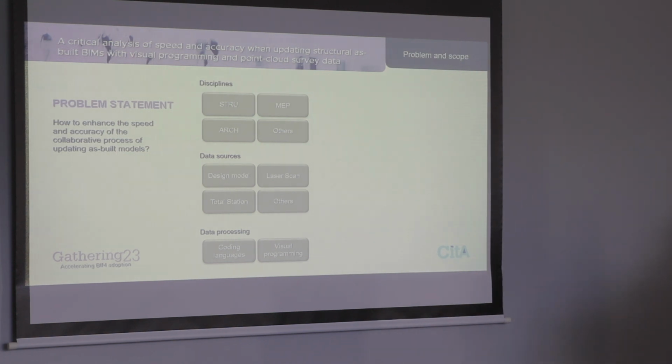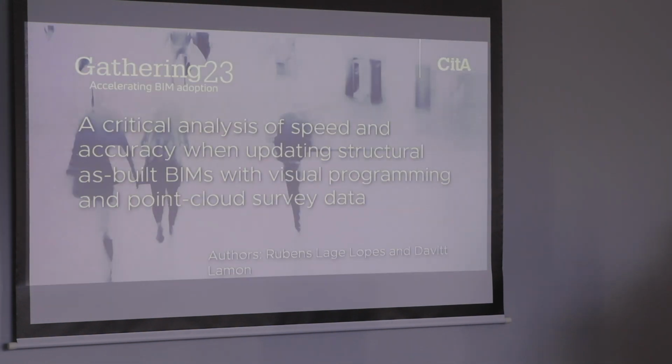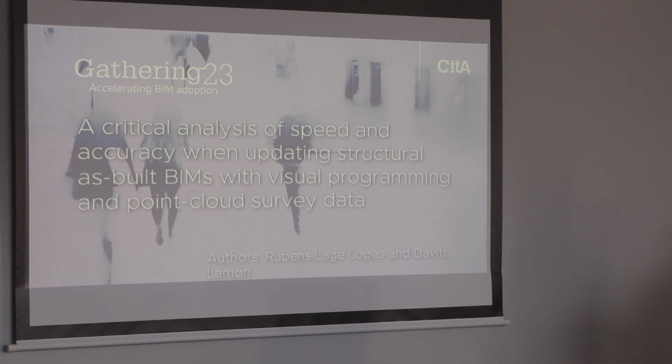It's native to Revit. That's how it got this very long name: A critical analysis of speed and accuracy when updating structural as-built models with visual programming and point cloud survey data.